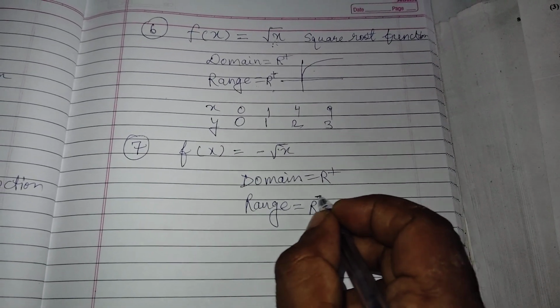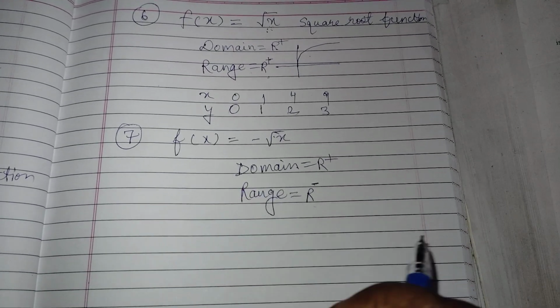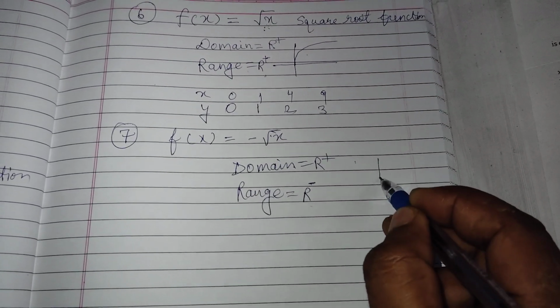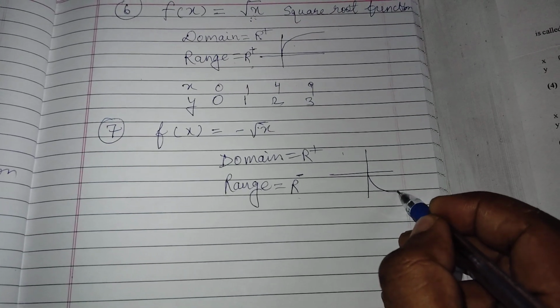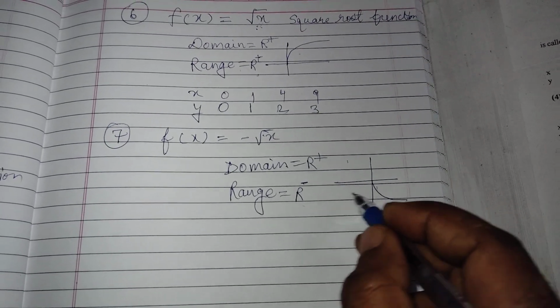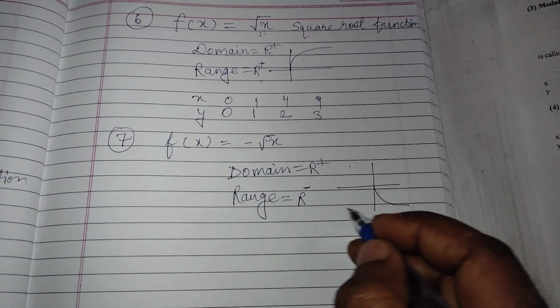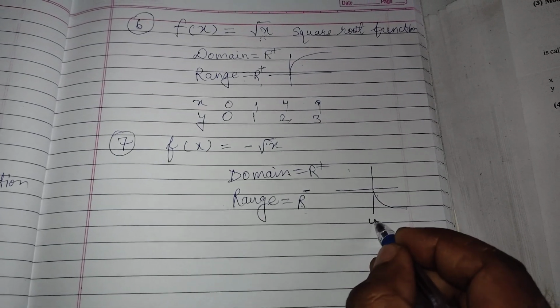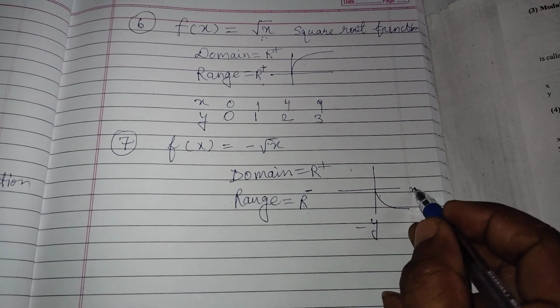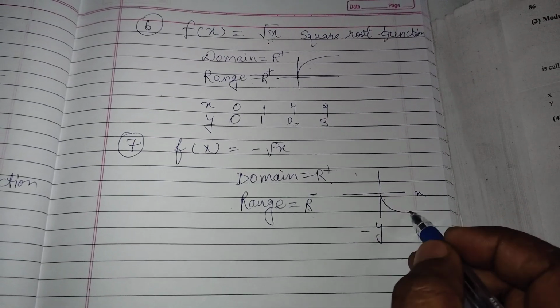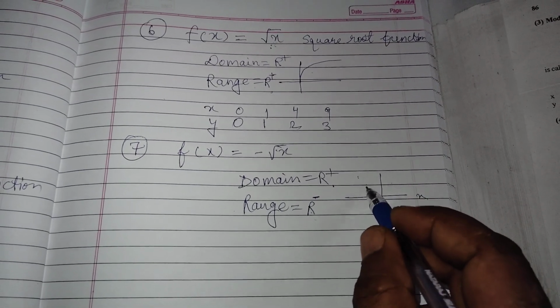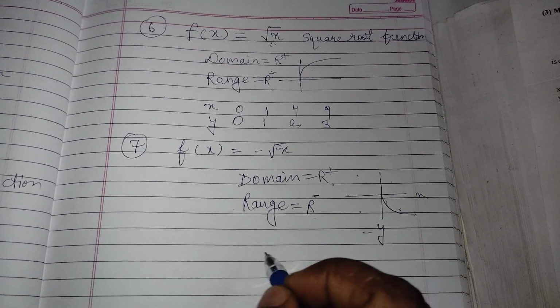So I get R minus as the range, and the graph of this function lies in the fourth quadrant, because the range is negative, y is negative, and x is positive, domain means x, so it will lie in the fourth quadrant. First quadrant, second, third, fourth, this is the fourth one.